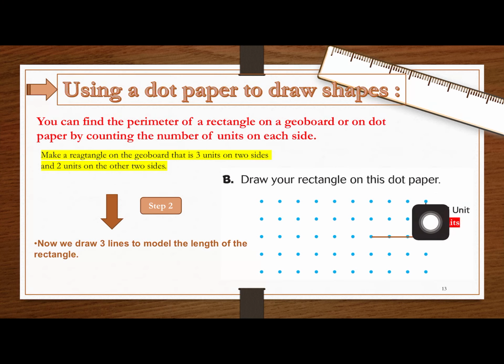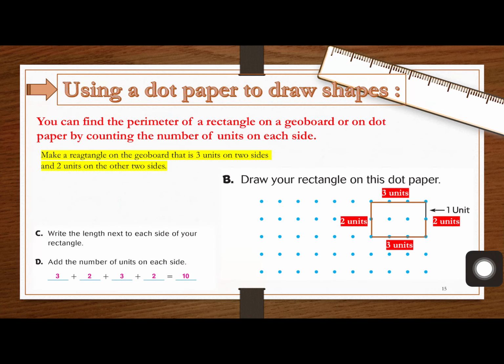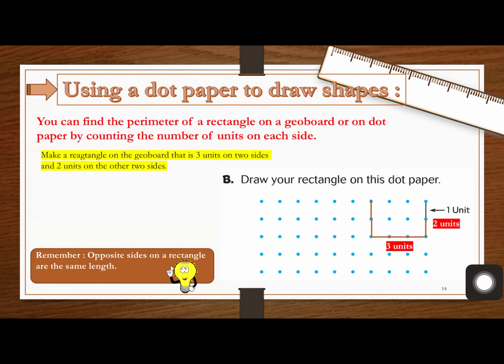Now all I have to do is the same thing for my other sides. So my height over here will be the same as my first drawing, and my length over here will be the same as my second drawing. Alright, so I'll go ahead and put those in. And as you can see, my length is 3 units and my height is 2 units each. Okay, so remember, opposite sides on a rectangle are the same length.